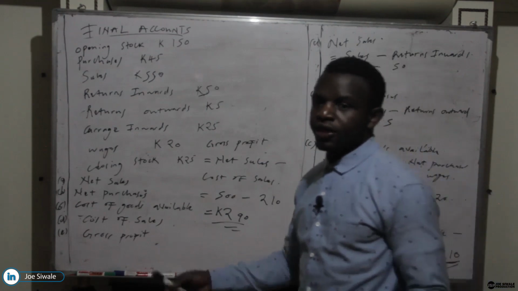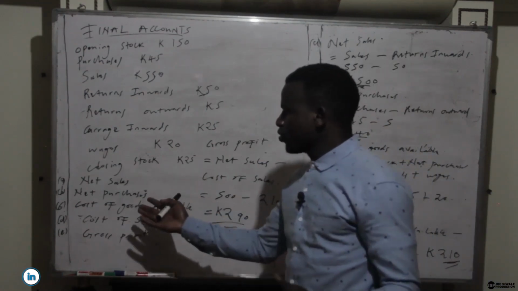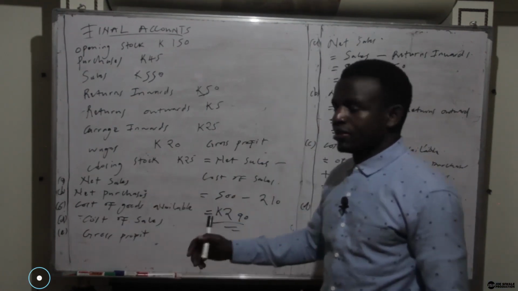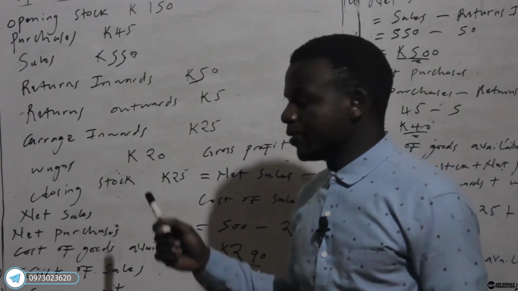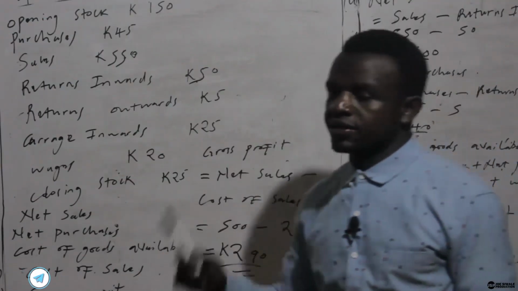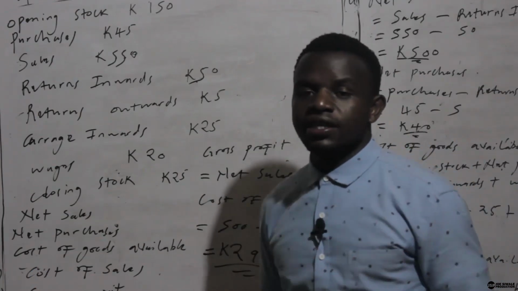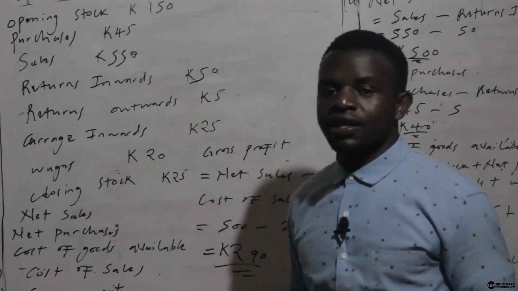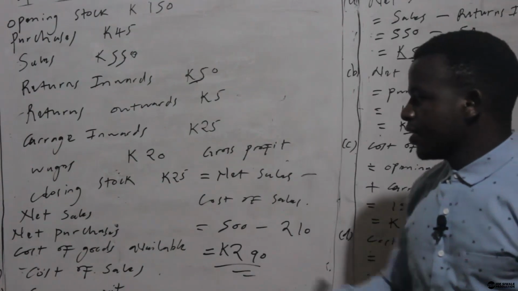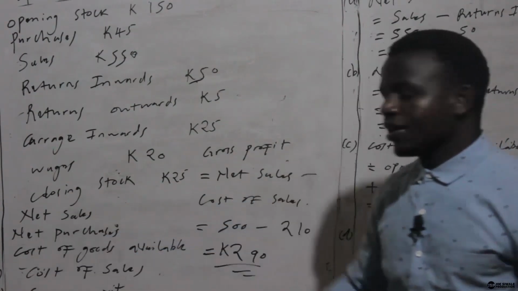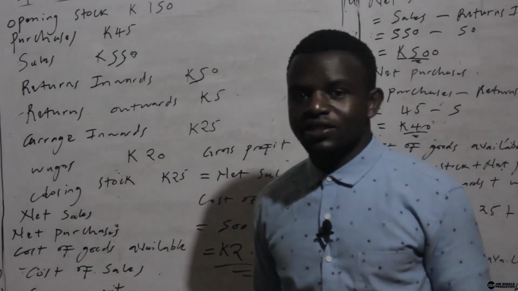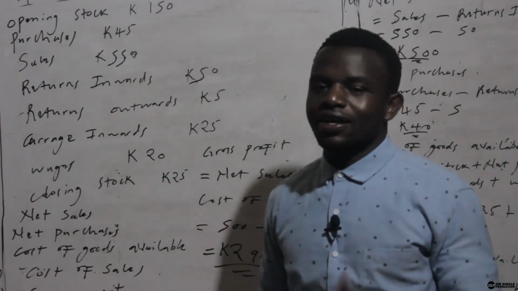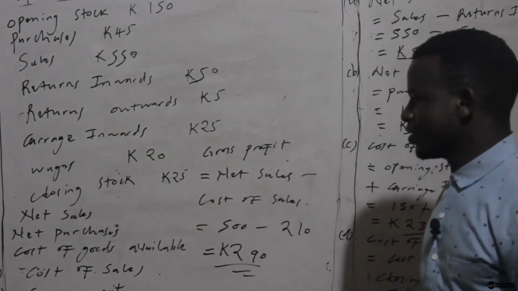And to go through these formulas again, we actually said that net sales is calculated by saying sales minus sales returns, and sales returns are also referred to as returns inwards. Then net purchases is purchases minus purchases returns, which are also referred to as returns outwards.